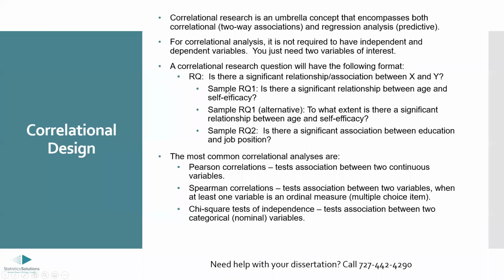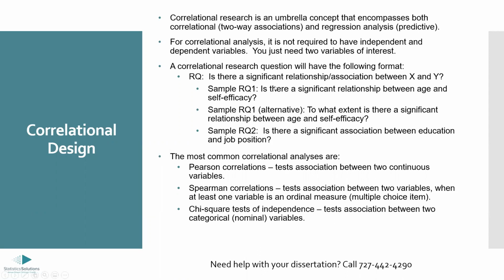The next research design is a correlational design. So correlational research is an umbrella concept that encompasses two types of analyses. It can encompass correlational analyses and it can encompass regression analyses. Correlational analyses are looking at two-way associations. Therefore, you don't need an independent or dependent variable. You just need two variables of interest.